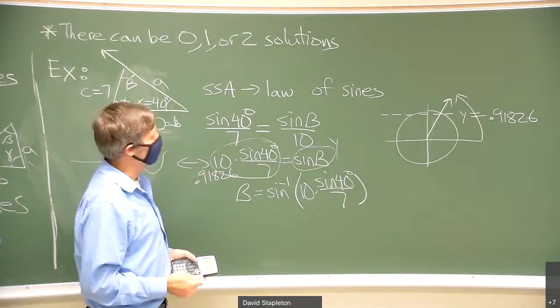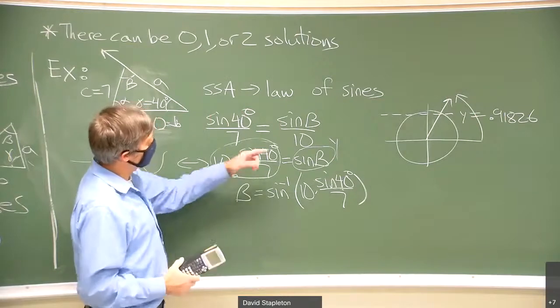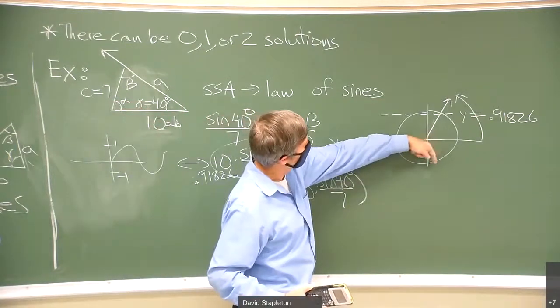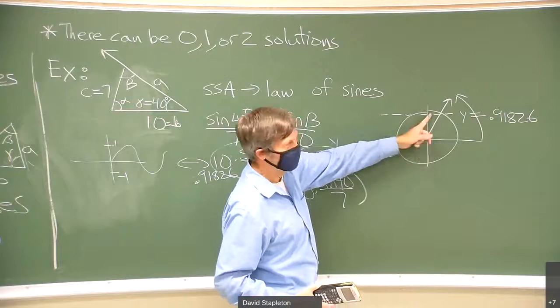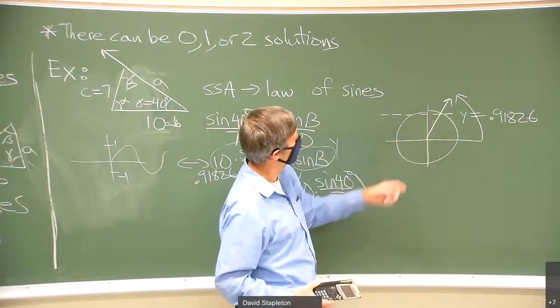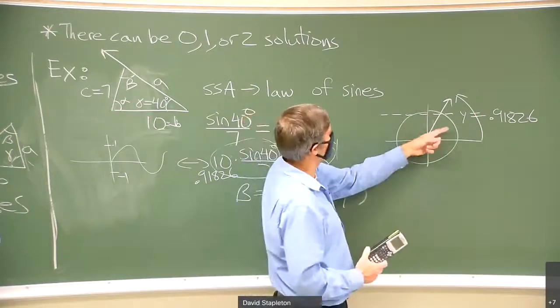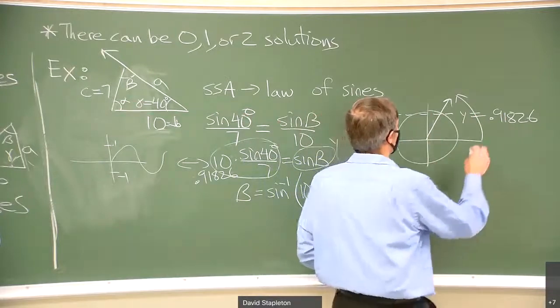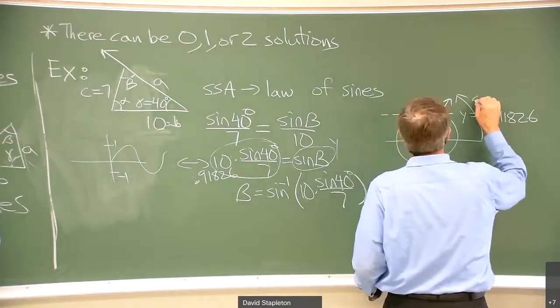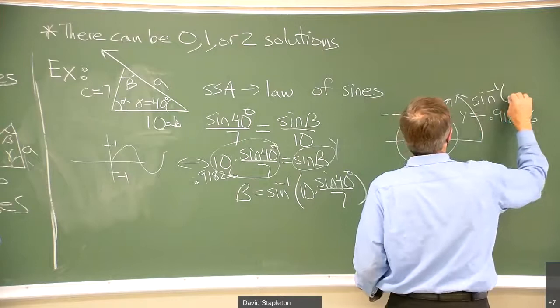That's the arc sine. The arc sine is the unique angle, remember, between plus and minus 90 degrees that has a given sine between -1 and 1. And so this one, since it's between plus and minus 90 degrees, has to be the arc sine of the number.